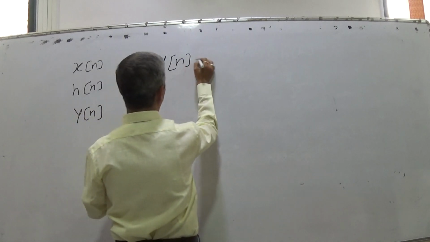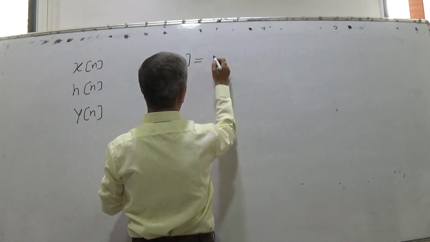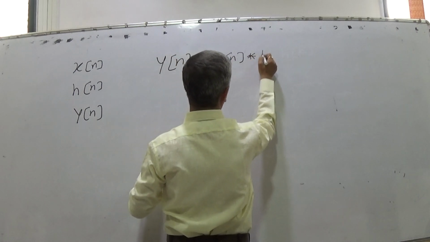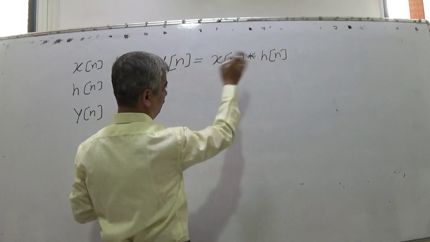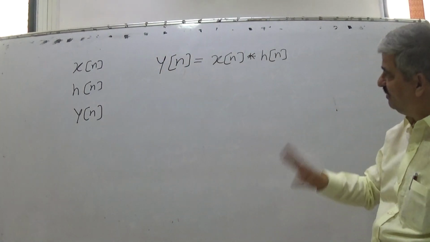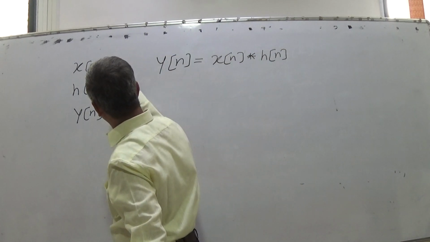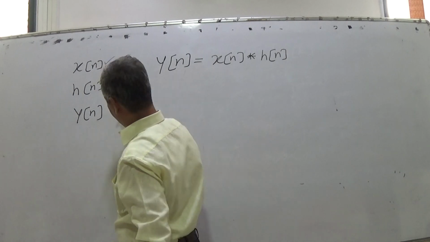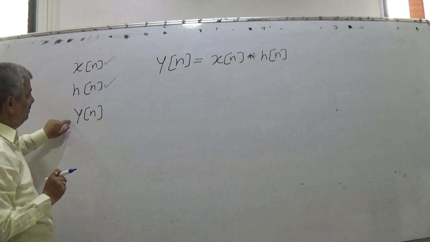If we know xn and hn, then yn can be found out because it is a straightforward process of convolution. Either xn convolved with hn or hn convolved with xn, both are the same thing. It is commutative. Now my question is, if you know xn and hn, from these you can compute y.